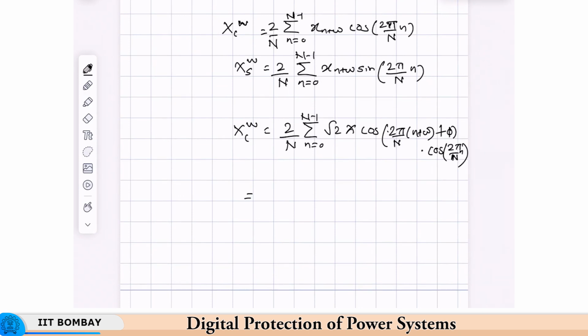So, 2 cos a cos b will still give us root 2 x by N summed from n equal to 0 to N minus 1 of cos of 4 pi by N n plus 2 pi by N w plus phi, and the cos A minus cos B term will give us this term here.